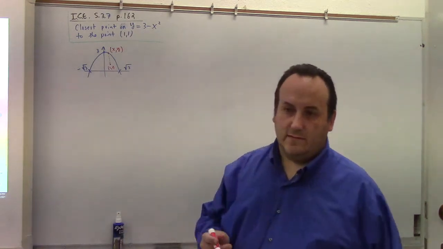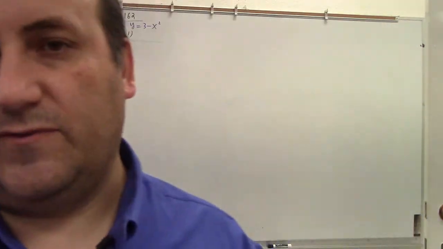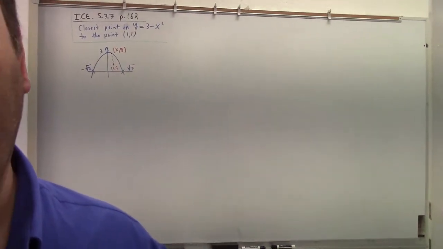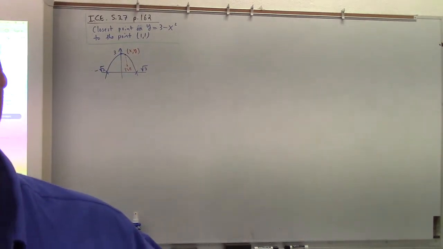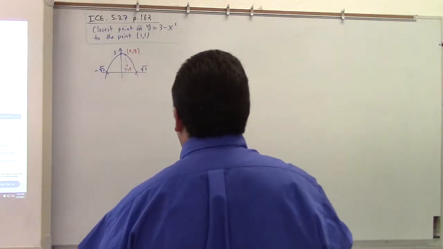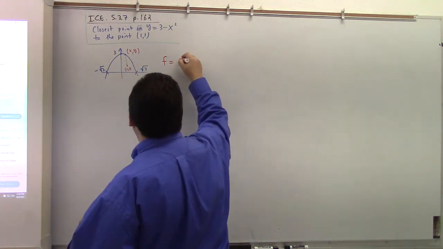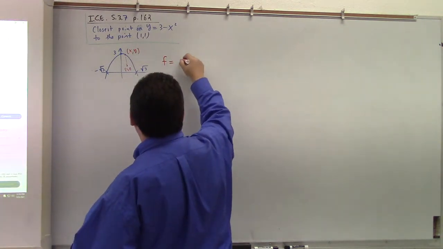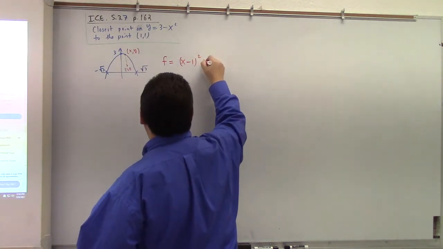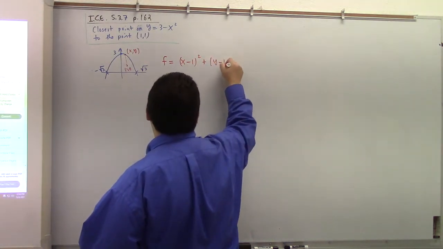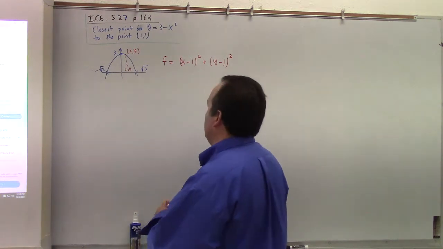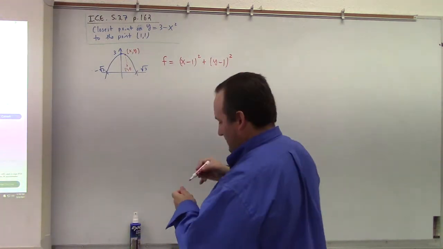How do you find the distance formula from one point to another? You guys know that, right? So this time we'll say we're trying to minimize f equal to (x minus 1) squared plus (y minus 1) squared. See, this is the distance squared.